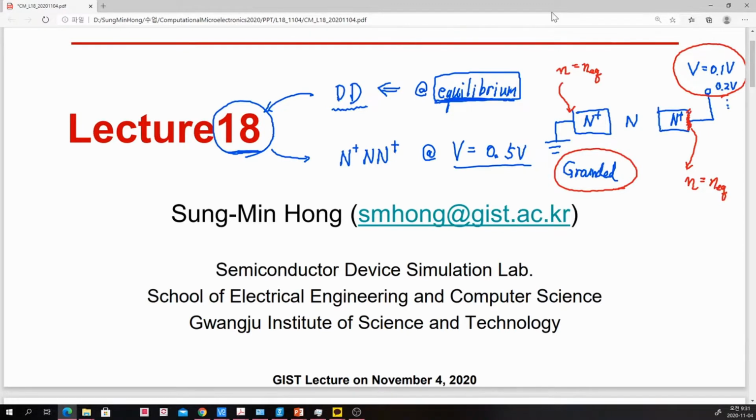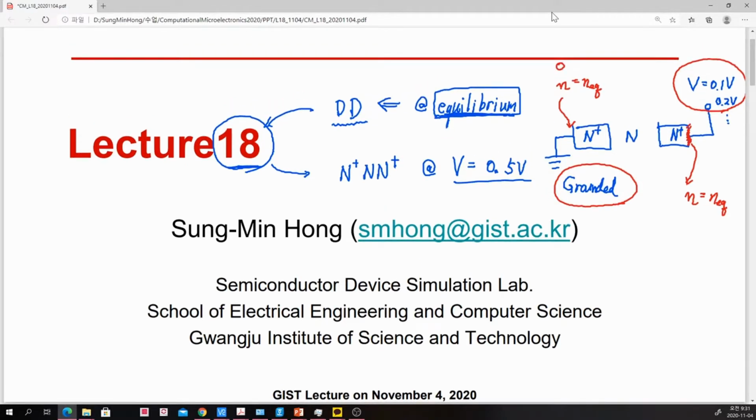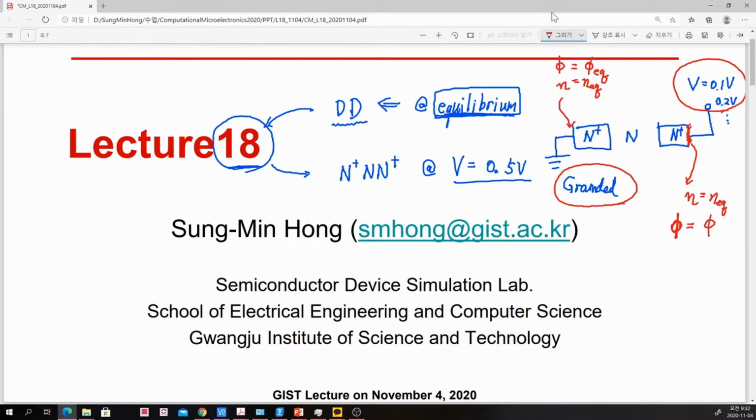But when we consider electrostatic potential, what happens? In the case of electrostatic potential, this is also the equilibrium potential. And when you go to this point, you will find that the boundary condition for electrostatic potential at this right contact is simply given by phi equal to phi at equilibrium plus what?